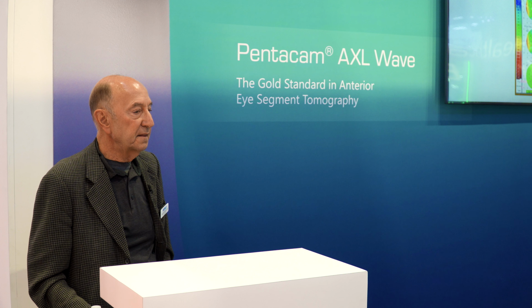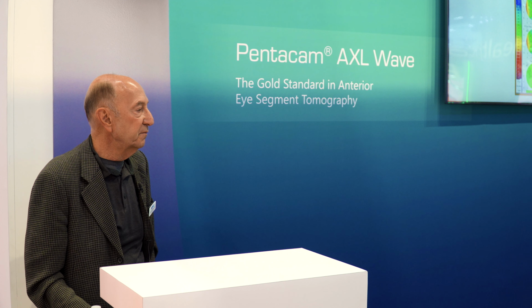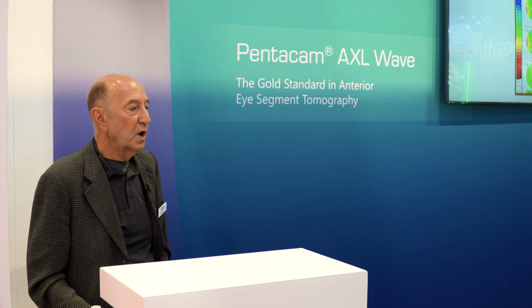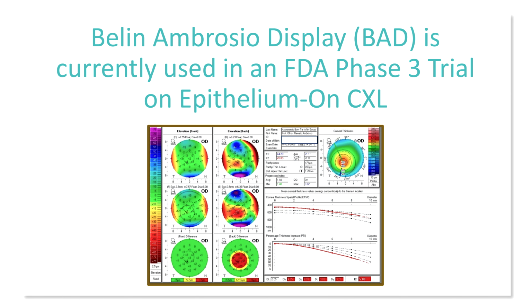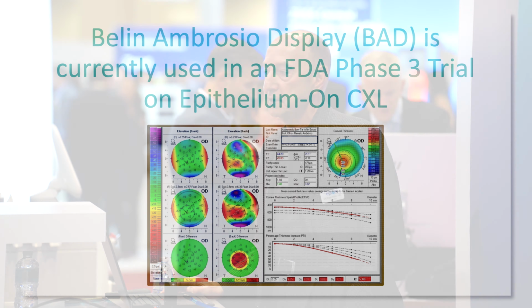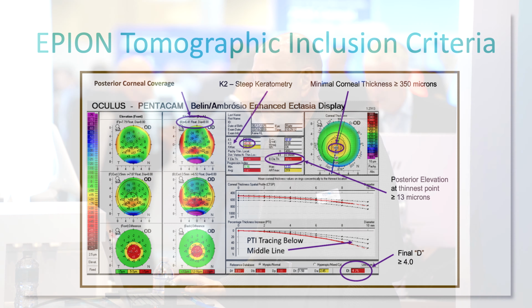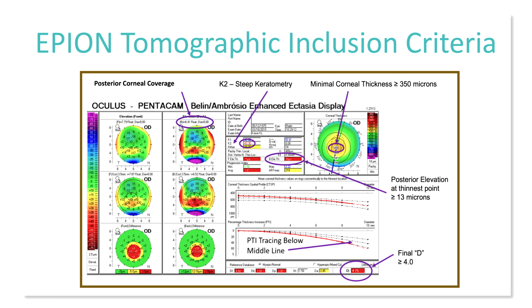But while I've said that, I mentioned I'm Chief Medical Officer of Epion. We are in the middle of a phase 3 study for epithelium-on keratoconus treatment with cross-linking. But we utilize the BAD display as our major entrance criteria. But I just said it's not specific for keratoconus. So if you look at our inclusion criteria, we require a final D of 4 or greater.